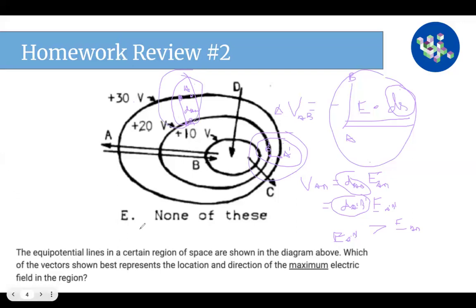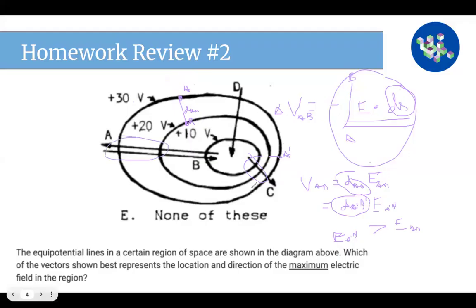Now if we look at what they're asking, we want to find the direction of the maximum electric field in the region. Let me clear up some drawings. In this region, the equipotential lines are spaced closer together than over here.